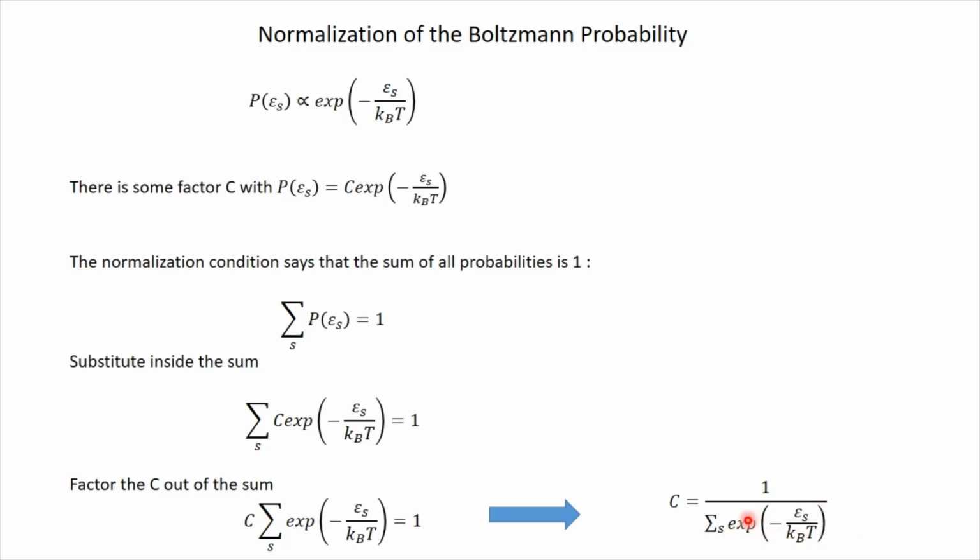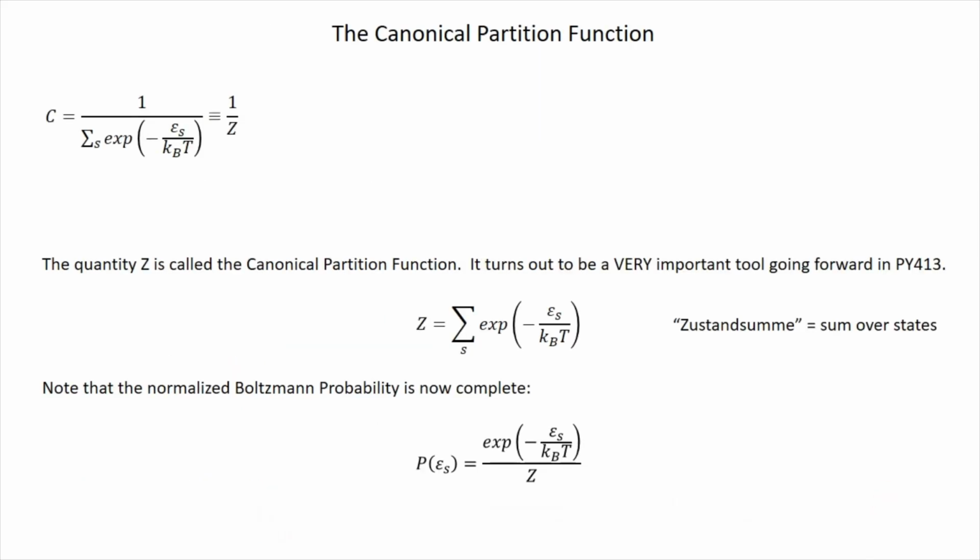Can we call these exponentials Boltzmann factors? Let's do that. E to the minus energy over k_B T is going to be called a Boltzmann factor. So the normalization coefficient is just 1 over the sum of all possible Boltzmann factors for the system that we're interested in.